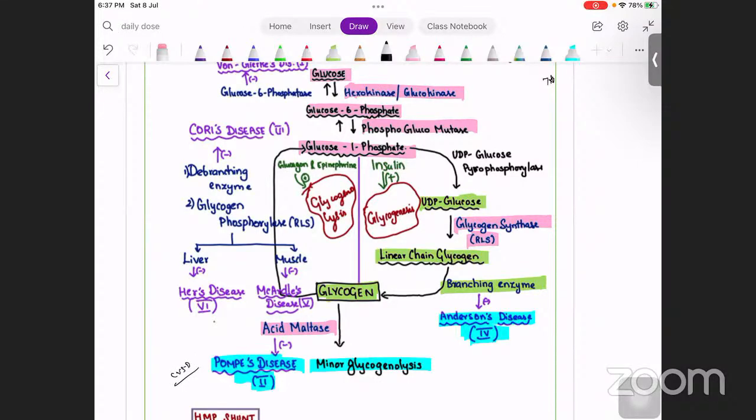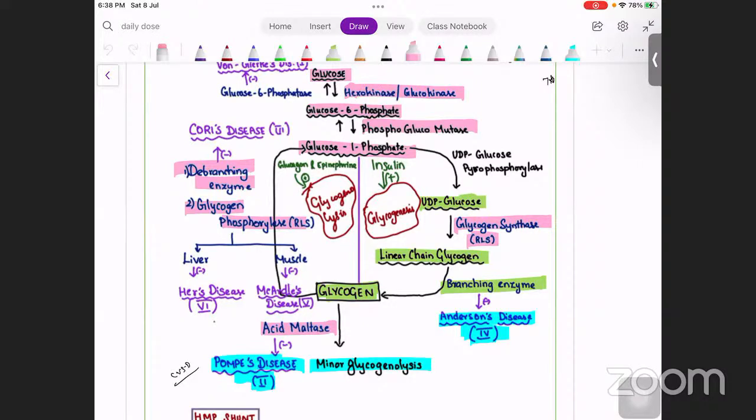Then glycogen will be further broken down into glucose 1-phosphate, mediated by two enzymes: debranching enzyme and glycogen phosphorylase enzyme. Among those, glycogen phosphorylase is the rate limiting enzyme of glycogenolysis.